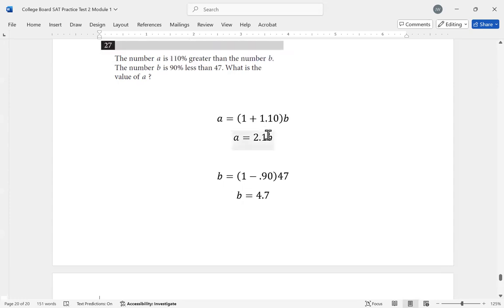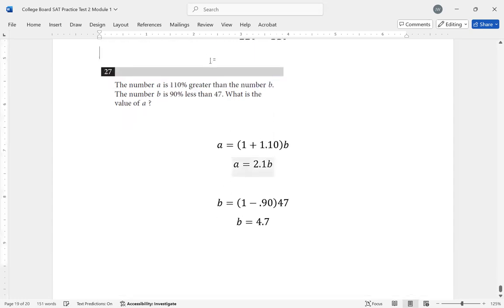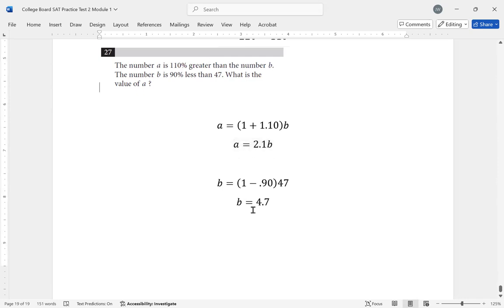Since A is 2.1 times B, we can now find A by taking 2.1 times 4.7. And when I do that calculation, I end up with 9.87. So A is 9.87, and that is the answer to question 27.